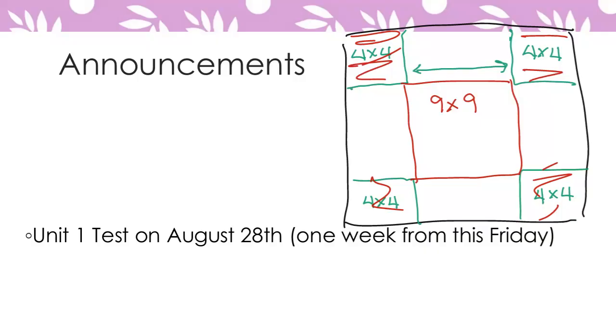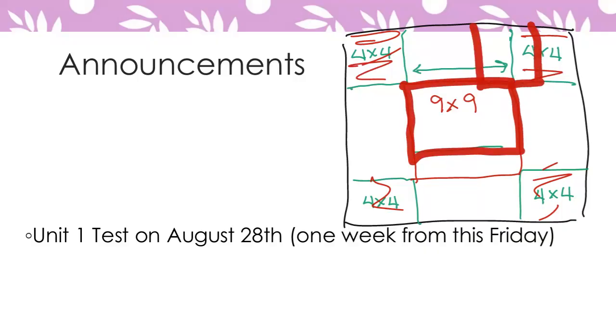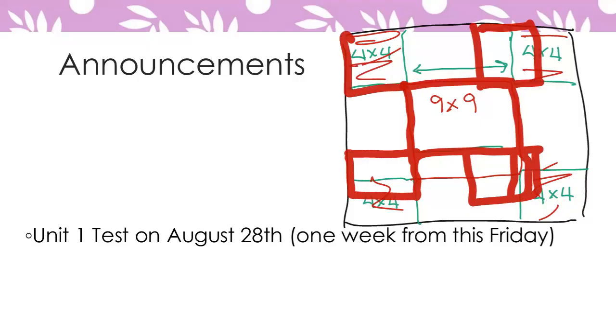Because the 9 by 9 really would need to be a little bit smaller. Let's just make this big and obvious. 9 by 9 would have to be a little bit smaller. The 4 by 4 shrinks in. This 4 by 4 shrinks in. This shrinks in a little. Do you see what I mean?